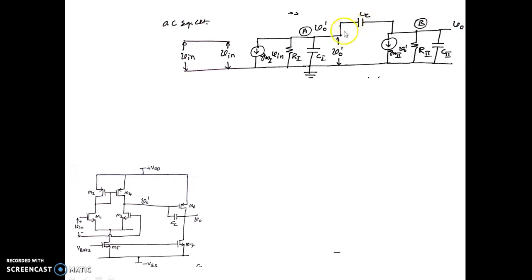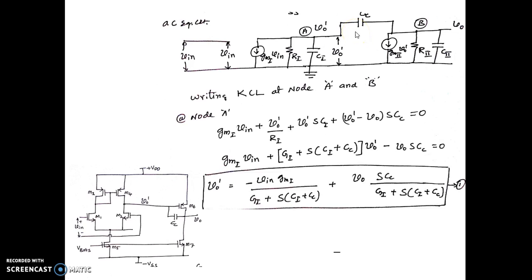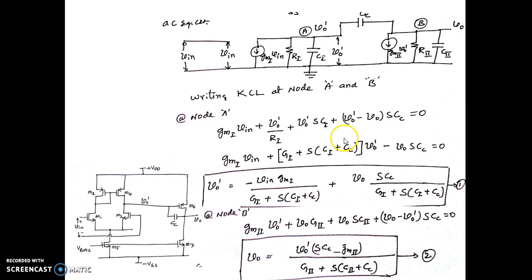So with CC as the compensating capacitor between the output and input of the second stage, and using KCL at node A and node B, we wrote the expression for V naught dash in terms of V in and V naught given by this expression, and similarly at node B we could get the expression for V naught in terms of V naught dash.